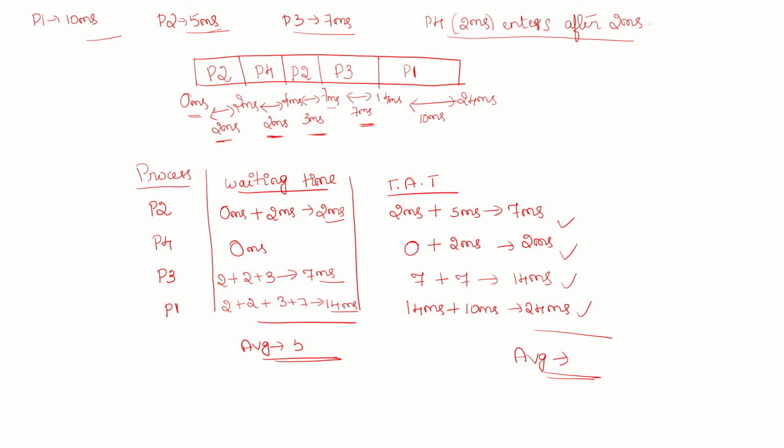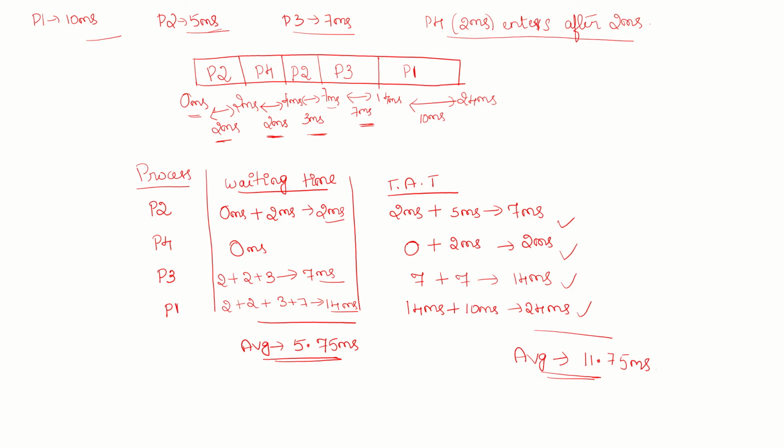Here it is 5.75 milliseconds. For the turnaround time, if you calculate the average, it is 11.75 milliseconds. Waiting time average is 5.75 milliseconds. Turnaround time average is 11.75 milliseconds.